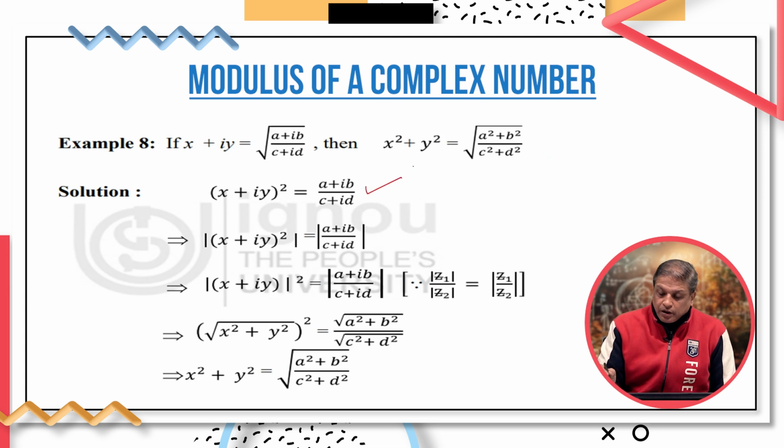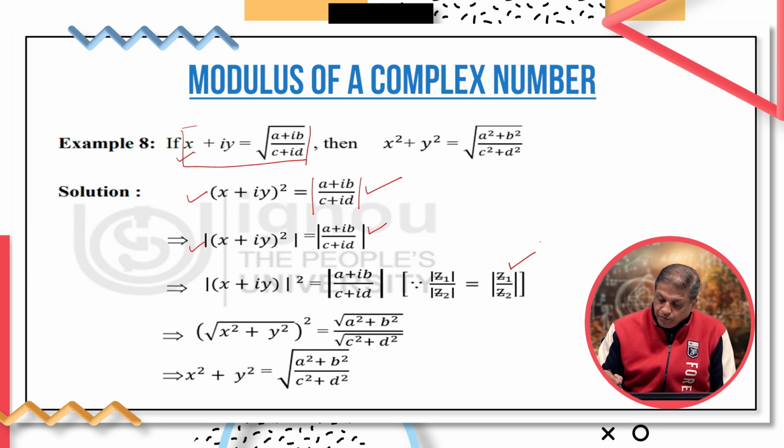Given x plus iy is equal to square root of a plus ib upon c plus id, by squaring both sides of this expression, you will get x plus iy whole square is equal to a plus ib upon c plus id. Now, taking the modulus, modulus of x plus iy whole square will be equivalent to the modulus of this expression. In the last numerical we saw that modulus of z1 upon modulus of z2 is equivalent to modulus of z1 upon z2.